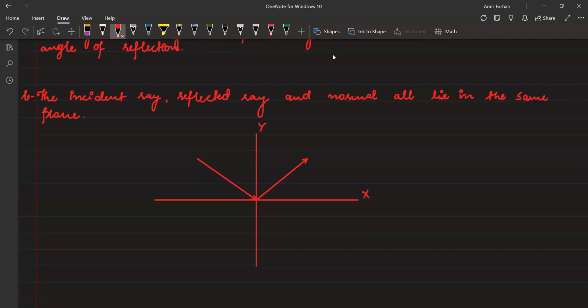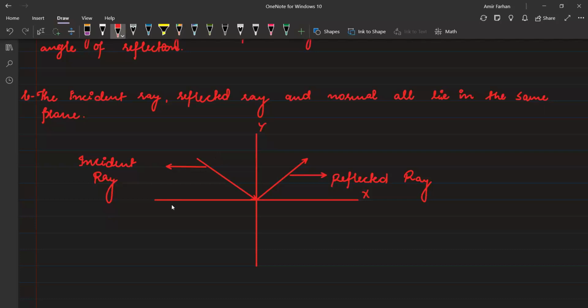Okay. So this is the incident ray. This is again the reflected ray.